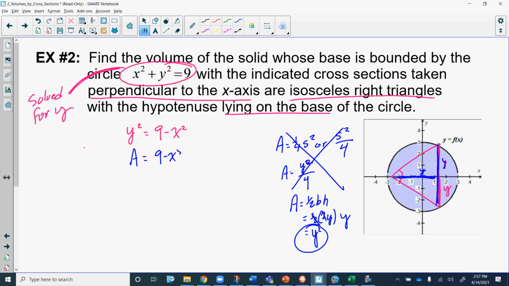Now, what is the interval of the volume? If you notice, in this case, the radius of the circle, either from the equation or from the graph itself, is going to be 3, meaning that the interval is going to be from -3 to +3 because it's centered at the origin. Now, what I would prefer to do, just like what we saw in the last example, is to have one of my numbers be 0, from something to 0 or from 0 to something.